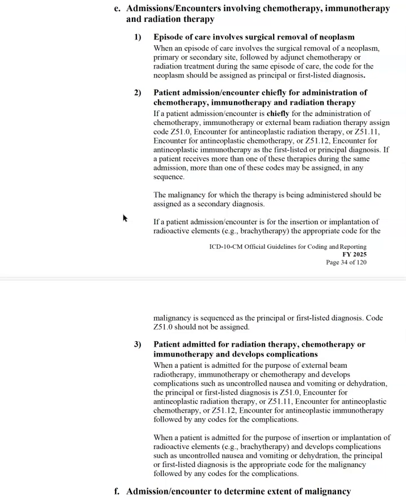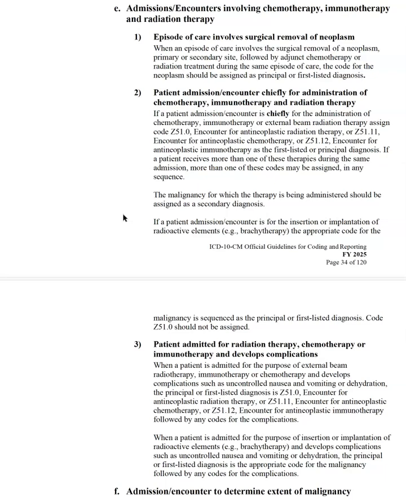Letter E, admissions involving chemotherapy, immunotherapy, and radiation therapy. When an episode of care involves the surgical removal of a neoplasm, it doesn't matter if it's primary or secondary, followed by chemotherapy or radiation therapy during the same episode of care, the neoplasm should be listed first.